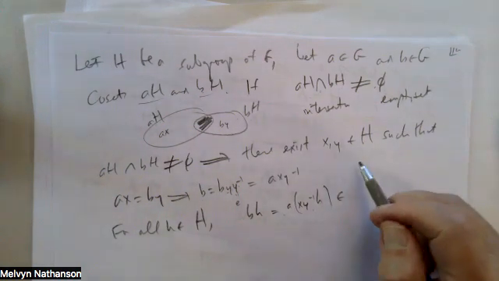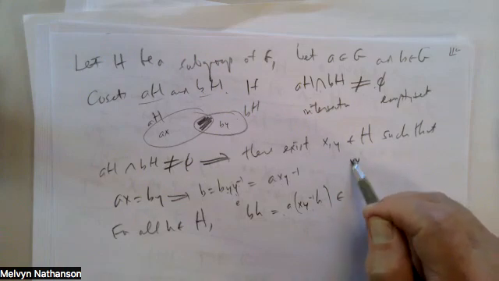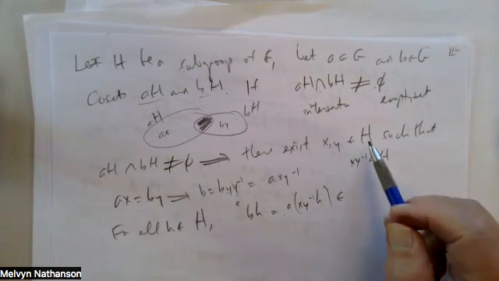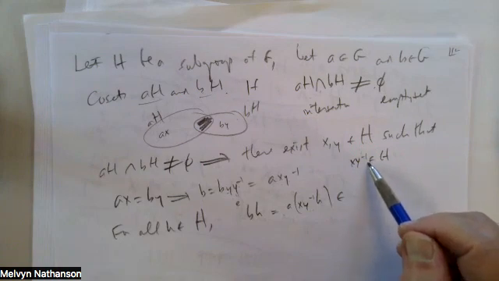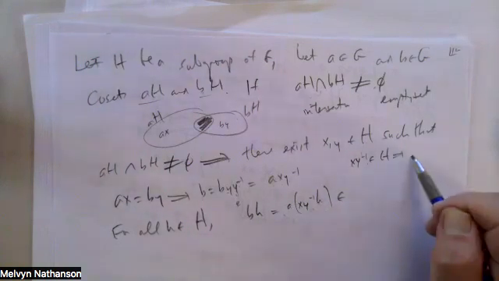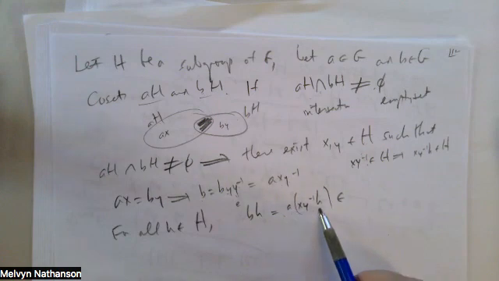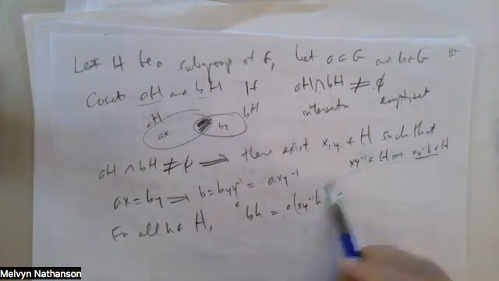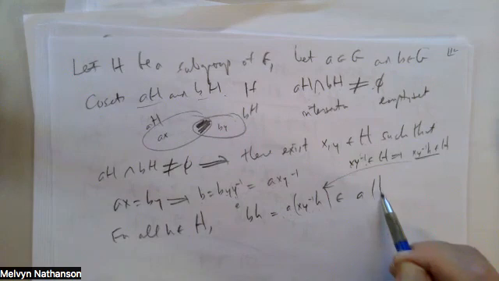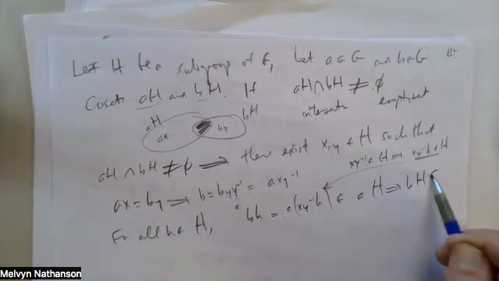x times y inverse is in H, because H is closed under multiplication and taking inverses. And x y inverse h is in H. So this is A times some element of H. So this is in the left coset AH for all h in H. So this means that the whole coset BH is contained in AH.